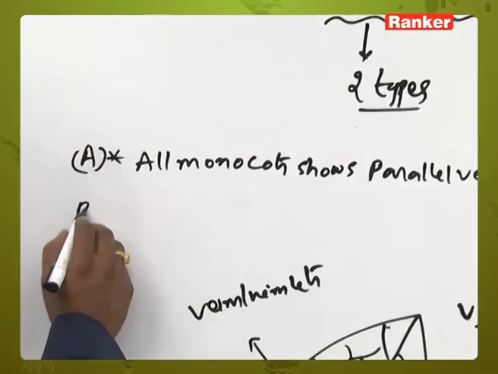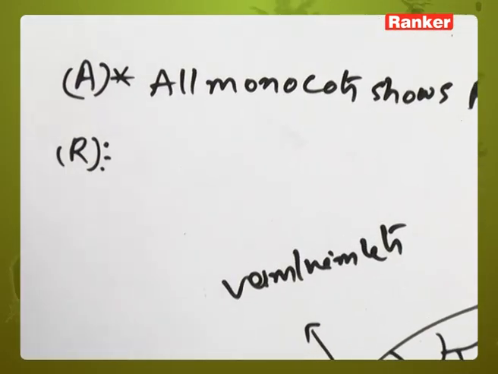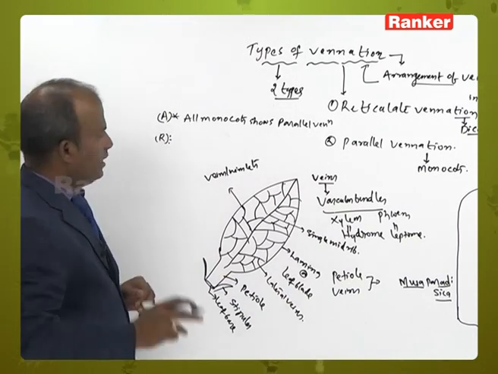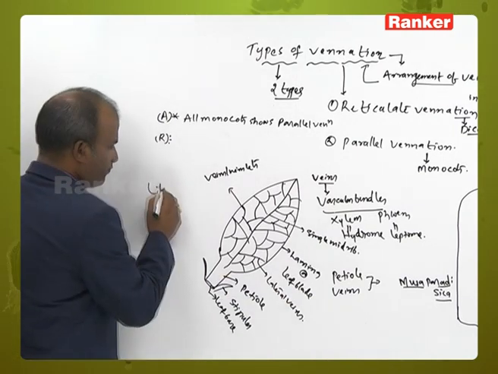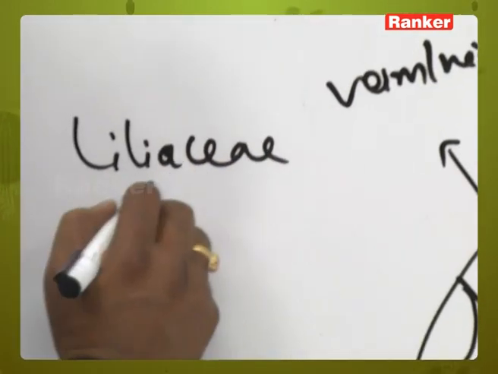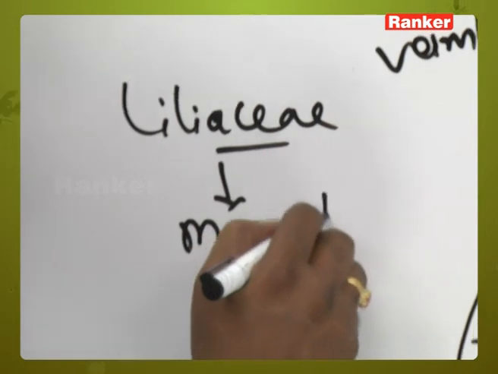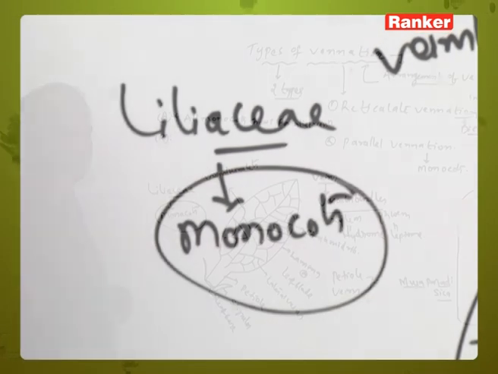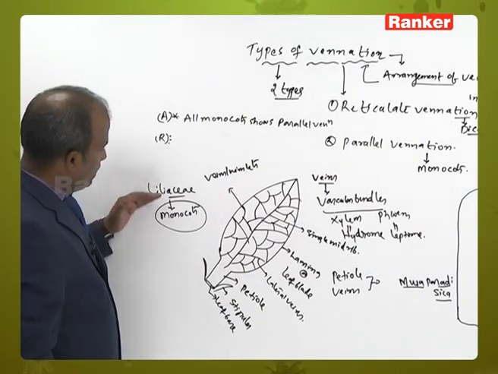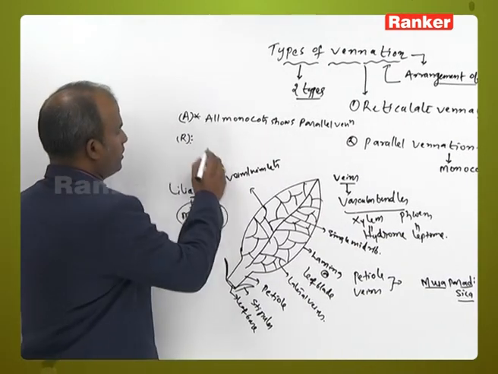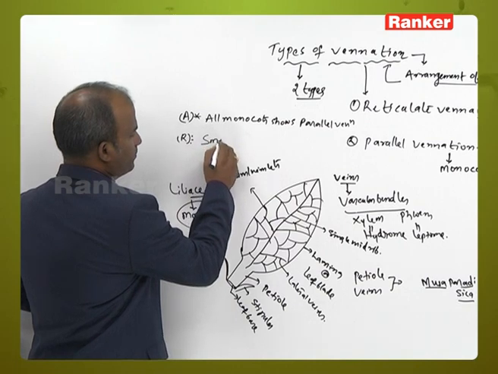When we come to the reason, what is the reason? A family known as Liliaceae. Which family? Liliaceae family. The Liliaceae family belongs to monocots. In the Liliaceae family belonging to monocots, one plant is Smilax.